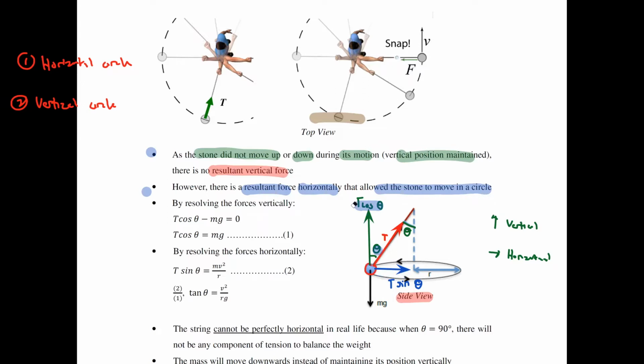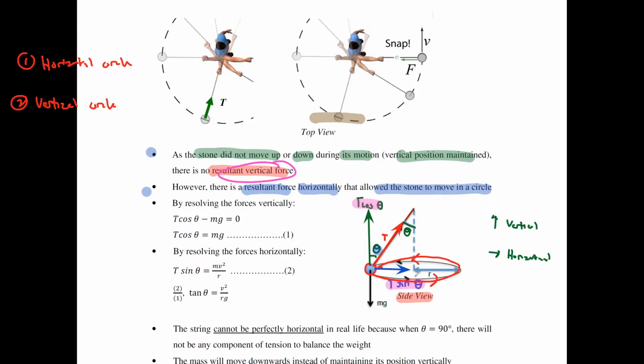But at the very least, just make sure you get the tension components correct. The vertical component is T cos theta. The horizontal component is T sine theta. Now just now I mentioned to you that there is no resultant vertical force because the object did not move up and down. What's happening here is that your mass is moving in a horizontal circle like this.